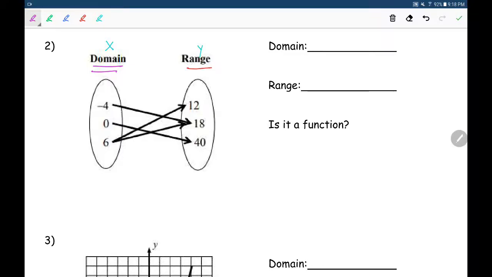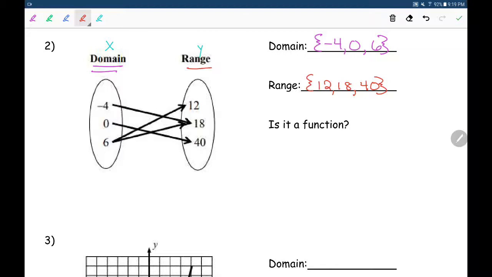So for the domain, we just look at that first oval. It's 3 numbers. So I'm going to list those out in a set again. So -4, 0, and 6. Our range, well, that's the numbers in the range oval. So those 3 numbers, 12, 18, and 40.